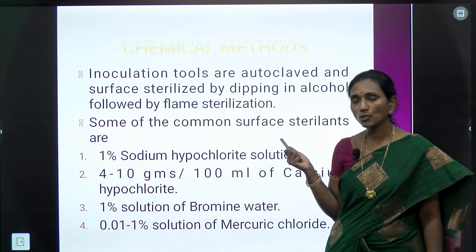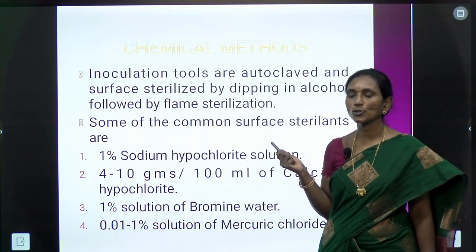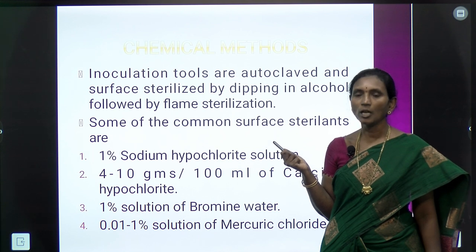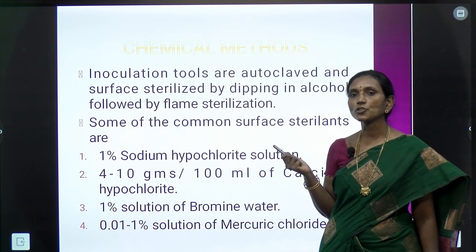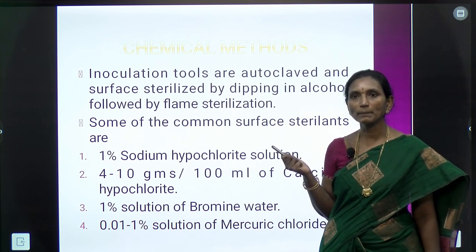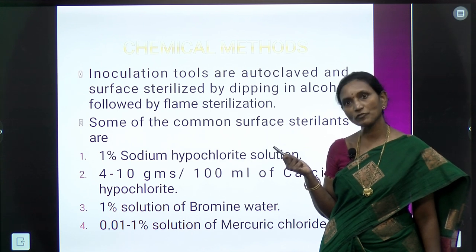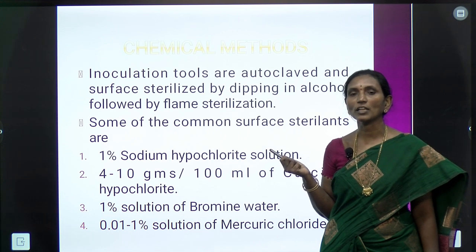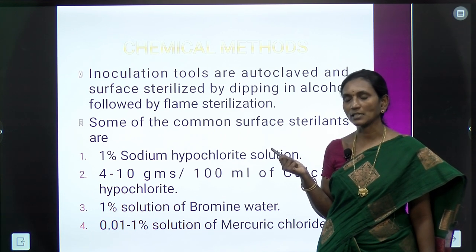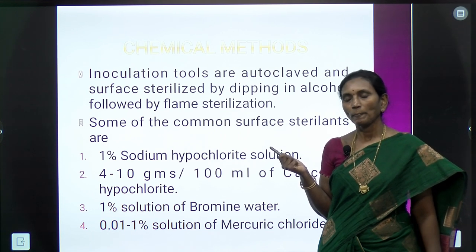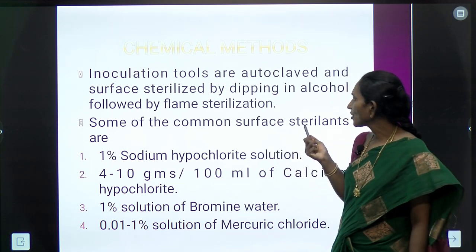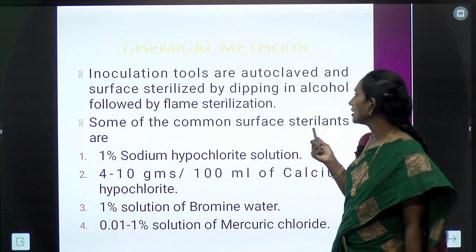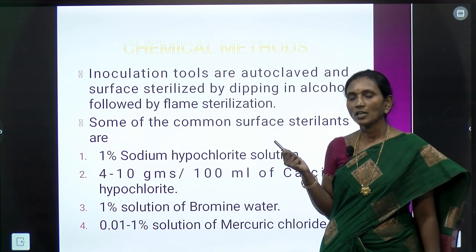We also generally use alcohol for chemical sterilization. Most of the inoculation instruments are sterilized by dipping in alcohol followed by flame sterilization. Generally, 70% alcohol is used for sterilization.